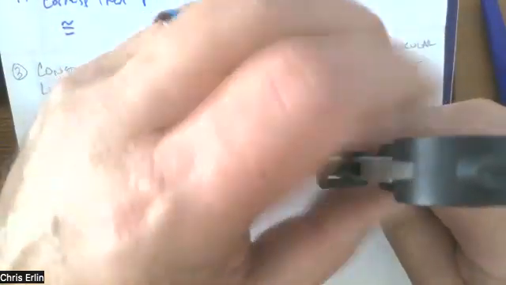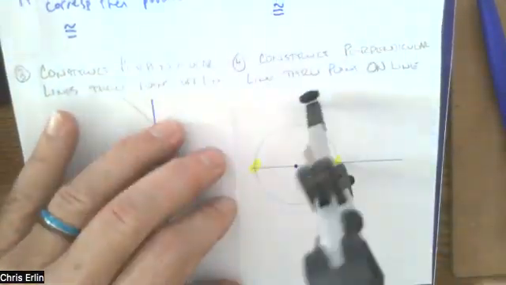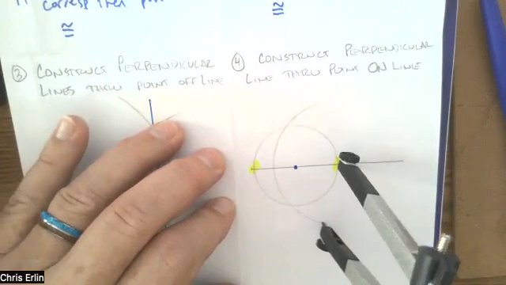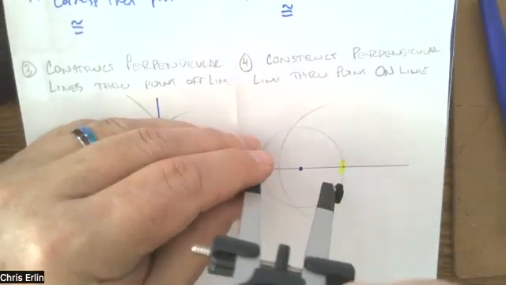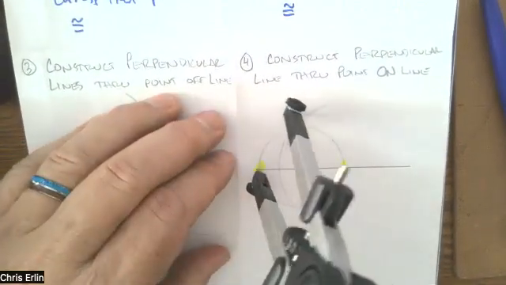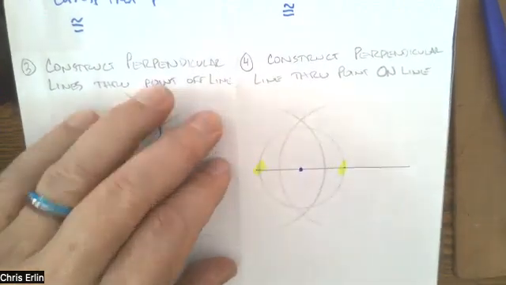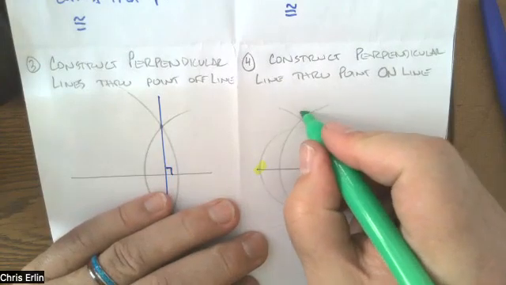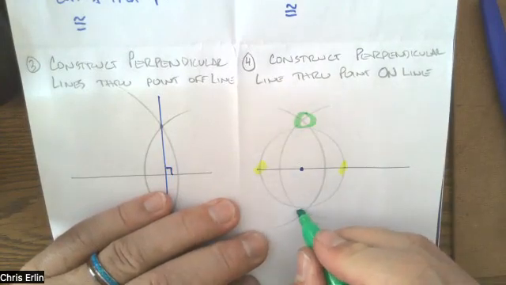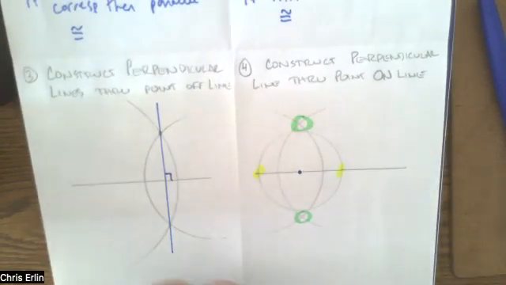So I'll go more than halfway, make an arc, and carry that same length to the other point of intersection. And I produce this football endpoint and this football endpoint.